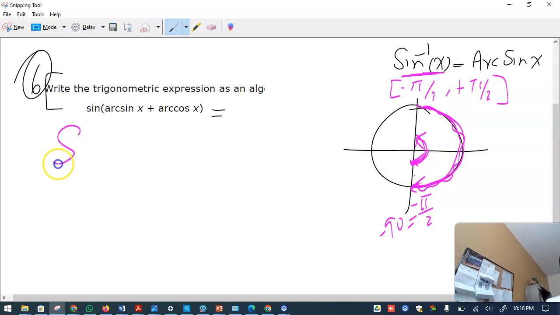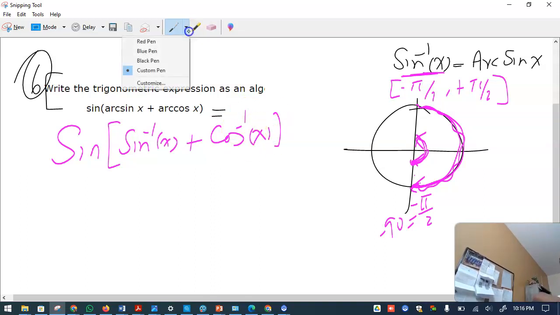Now, this can be written as sine of sine inverse of x plus cosine inverse of x, and then we can use the AB form.